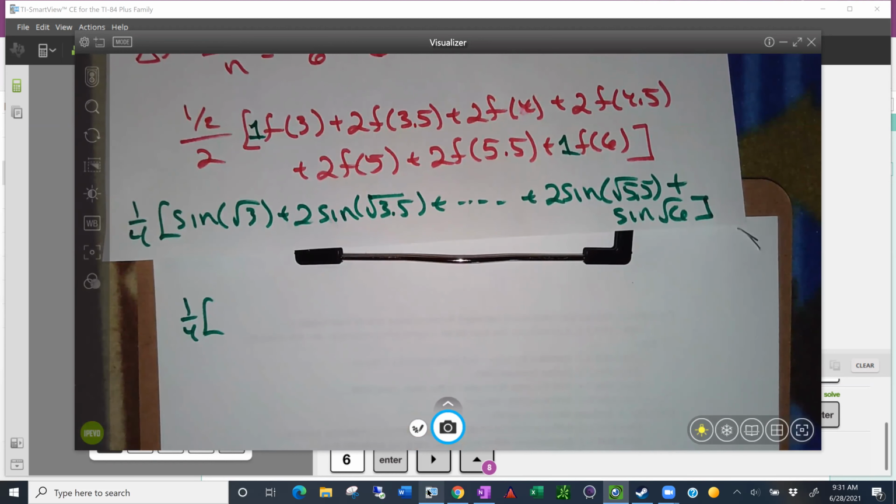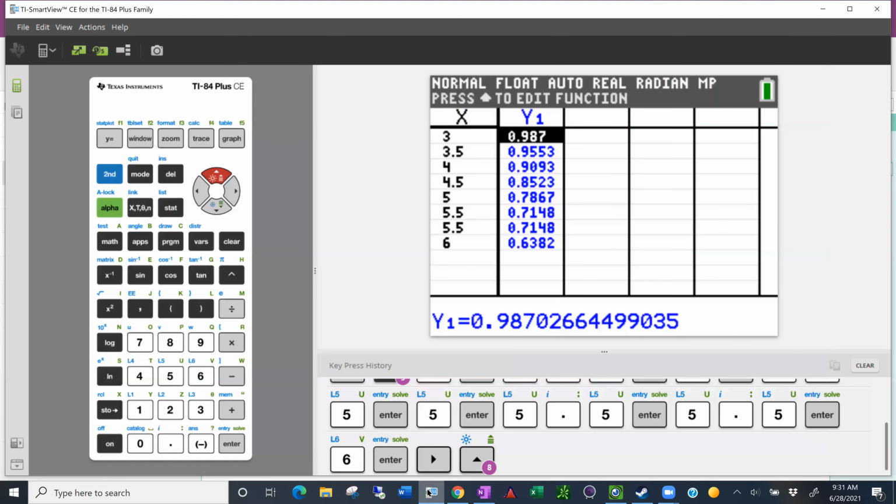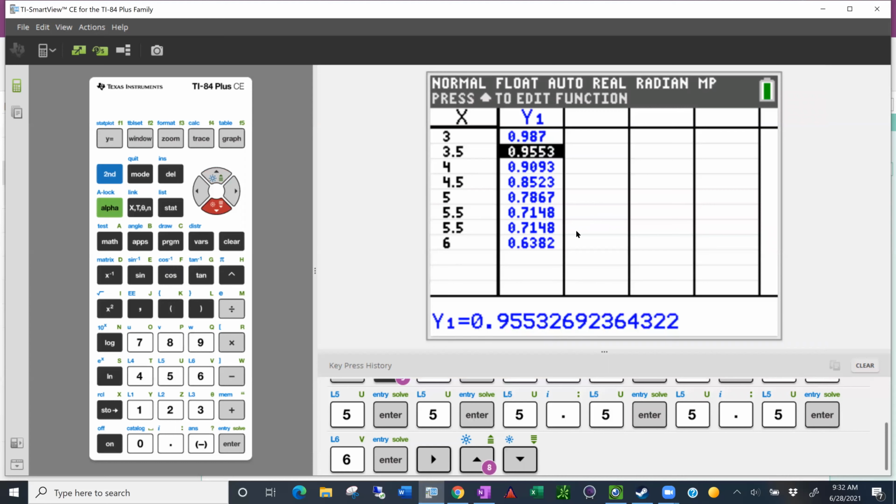So coming back over here, sine of 0.987 plus 2 times 0.9553, and so on, plus 2 times 0.9093, and 2 times 0.8523.